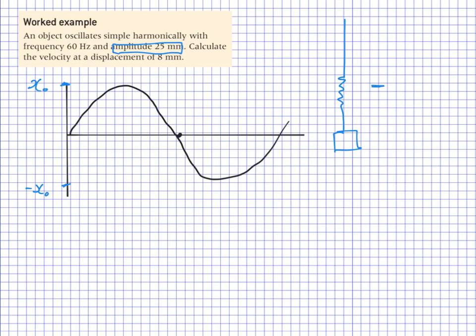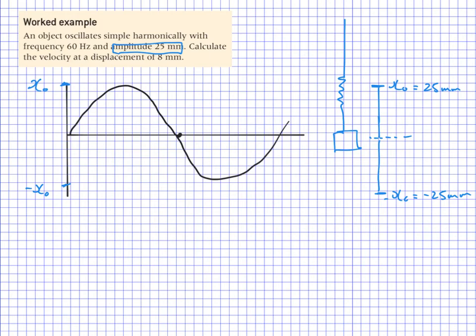It's going to have a maximum and a minimum. Try and match that to the graph a little bit. Maximum and a minimum. That's the equilibrium position displacement. So right up here, this is the x naught, which is 25 millimeters above the equilibrium. And then down here, this is going to be 25 millimeters underneath the equilibrium.